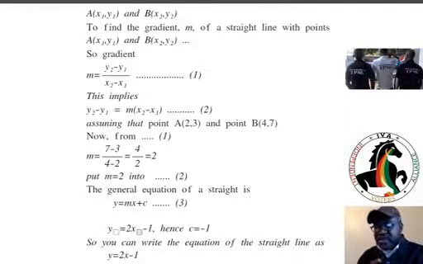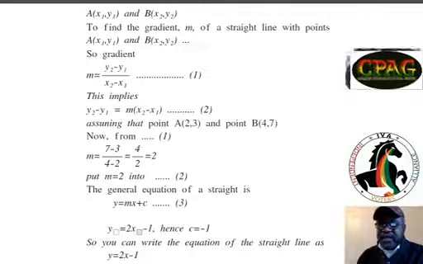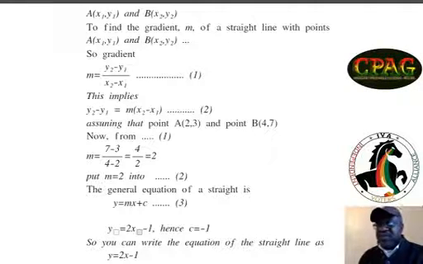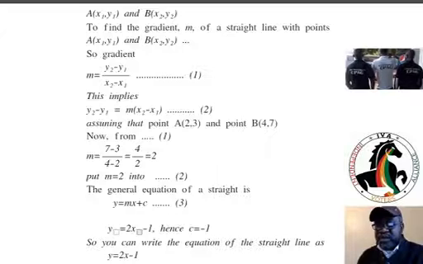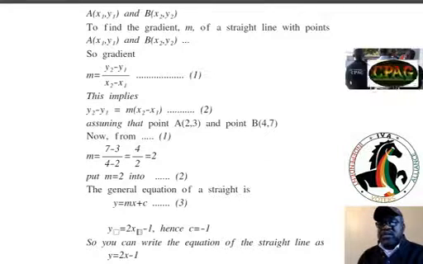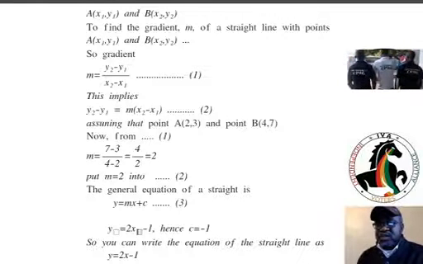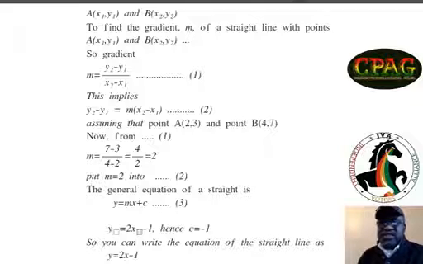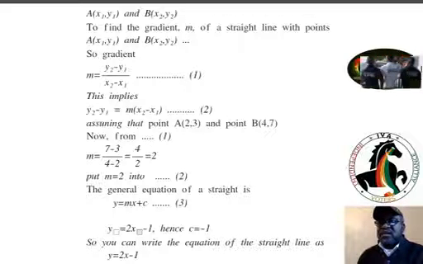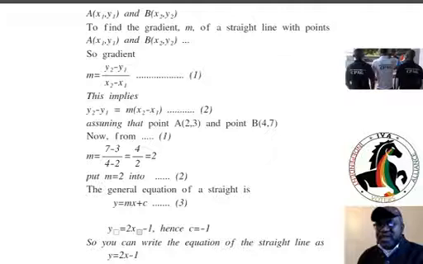m is the gradient of the line. I'll show you how to calculate the gradient, which is the change on the y-axis, the vertical axis, over the change on the x-axis, the horizontal axis.